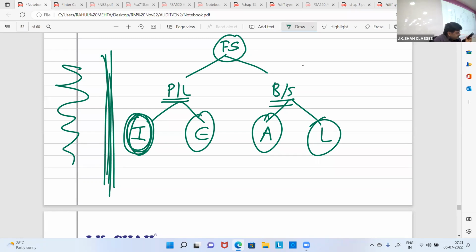Something more. When you are talking about a hospital, what do they generate? What do hospitals generate? When you are treating patients, what do you generate?